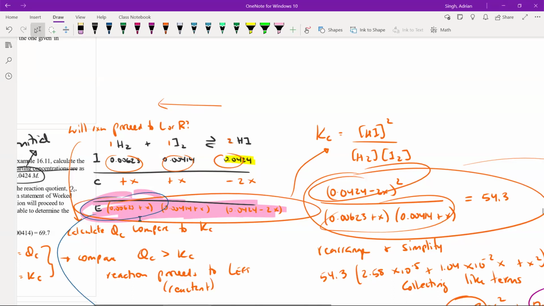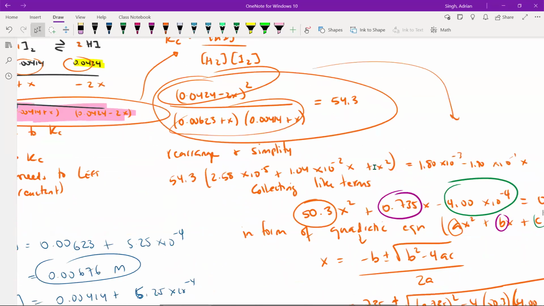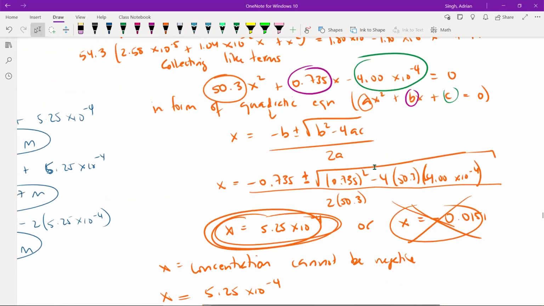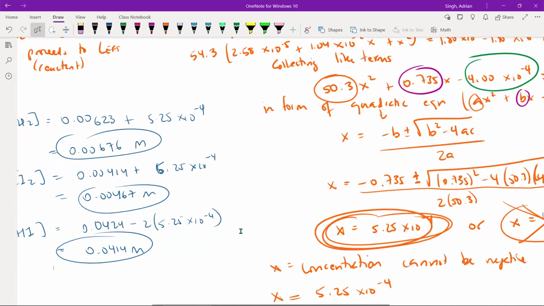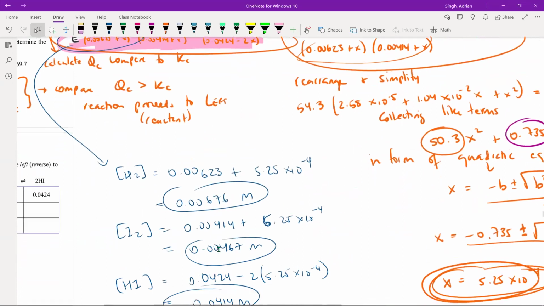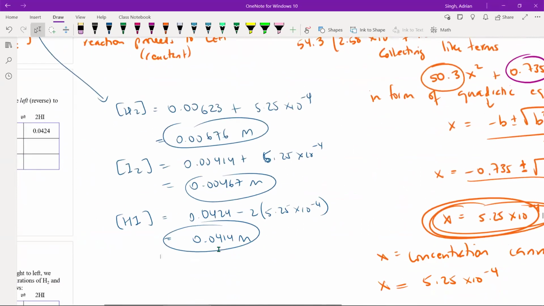And based on that change, we can come up with the expression for the equilibrium, plug those expressions back into the expression for Kc, and then we solve for x, invoke what we know about quadratic equations if needed, and then of the two solutions, the concentrations can't be negative, so we'll take the positive solution, substitute that back into our expressions for the equilibrium concentrations, and then calculate them accordingly.